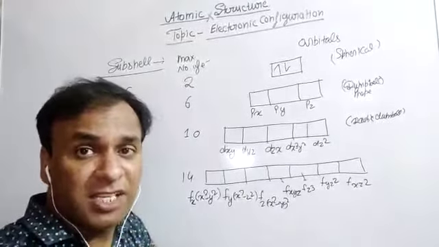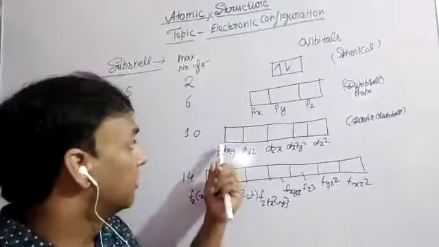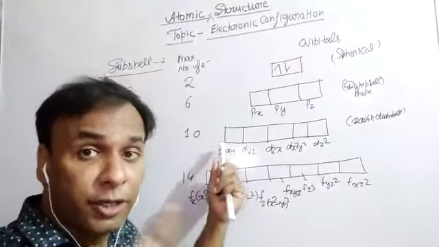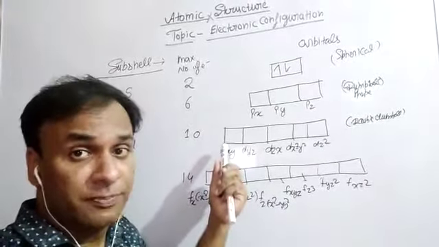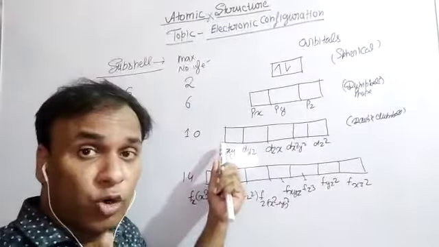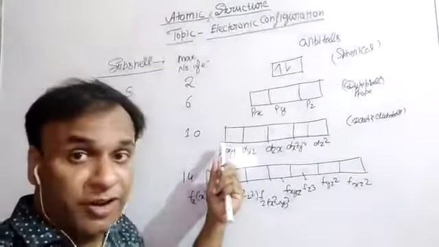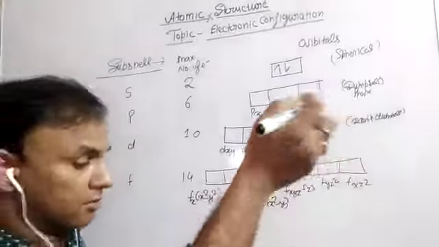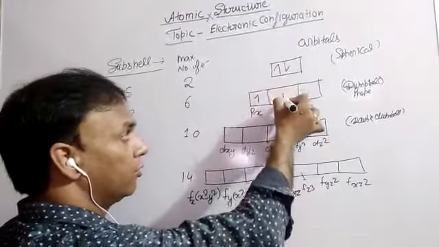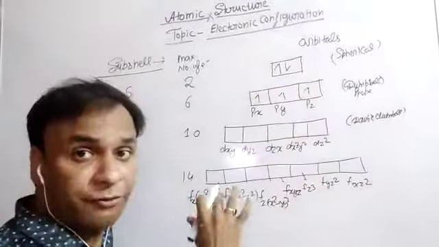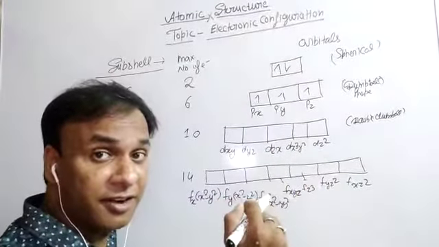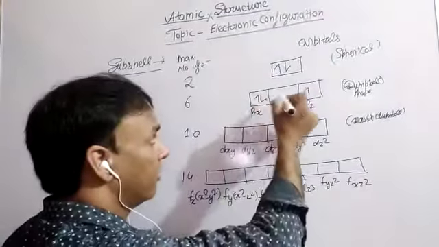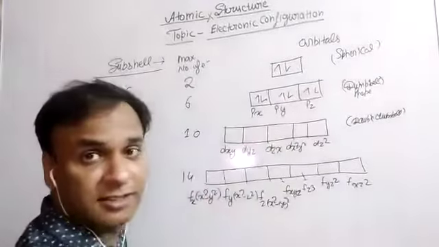And there is a specific rule for entering electrons into the orbitals. Initially the electrons enter in the upward direction, 1 2 3. After finishing the upward possibilities, they start entering downward, 4 5 and 6.